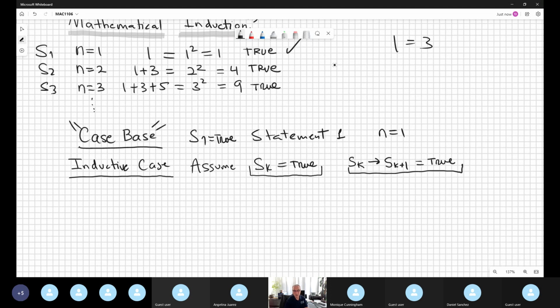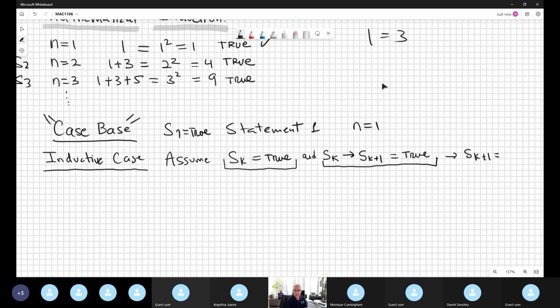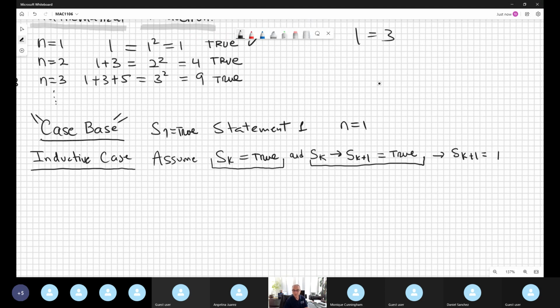So what situation happened? Well, now this and this together imply that A sub K plus 1 is true. And this propagates forever. Suppose that X1 is true, and you prove somehow that X1 implies that X2 is also true.